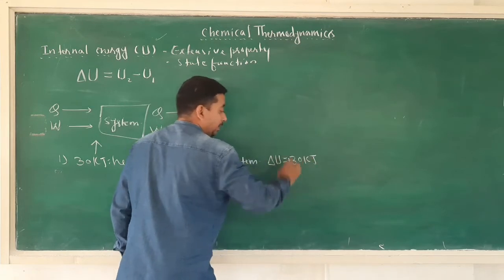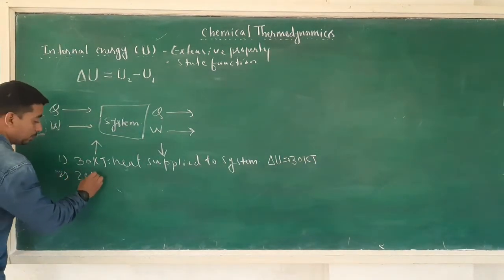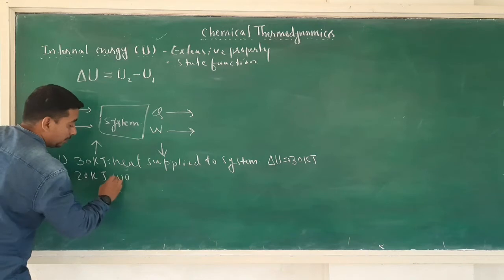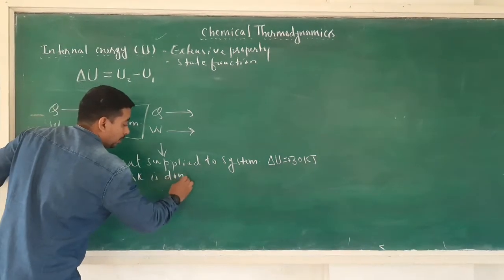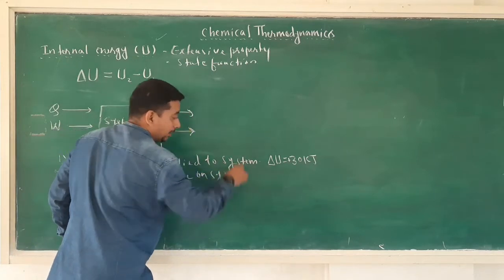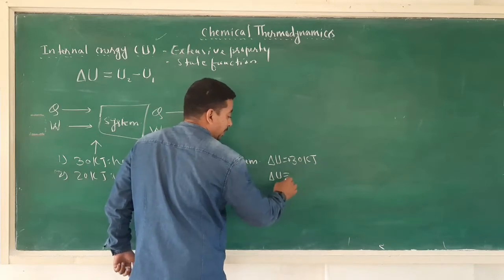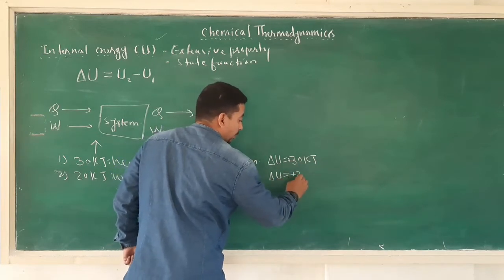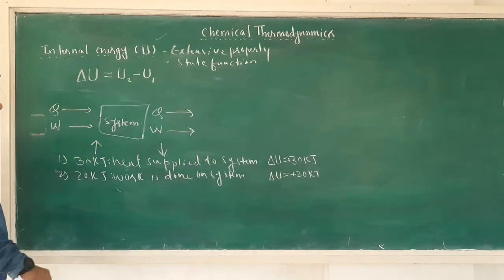In the second case, 20 kilojoule of work is done on the system by the surrounding. Now the change in internal energy, that is delta U, will be given as delta U is equal to plus 20 kilojoule. It will be added to the internal energy of the system.